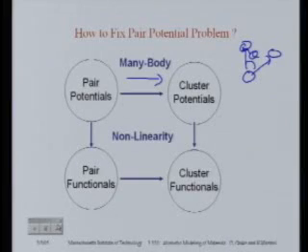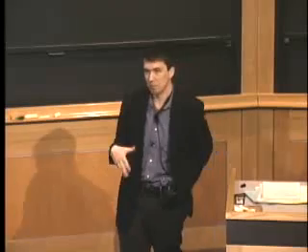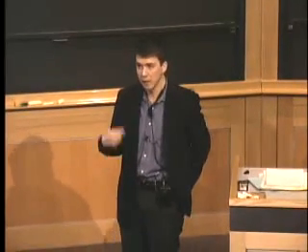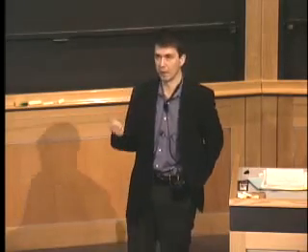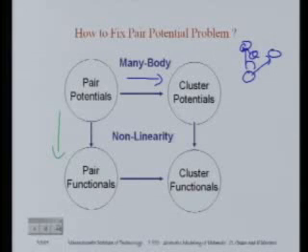The other direction to go is pair functionals. You still want to write the energy as a pairwise summation. You just don't want the cohesive energy per atom to go linearly with what you sum pairwise, or what you sum as its environment pairwise. We're going to deal with both in class.